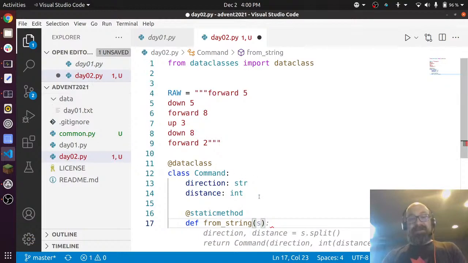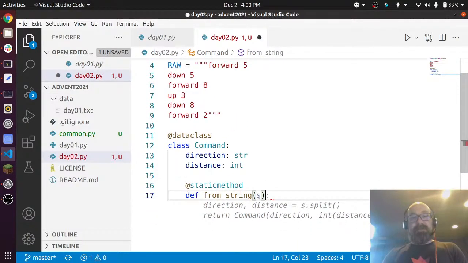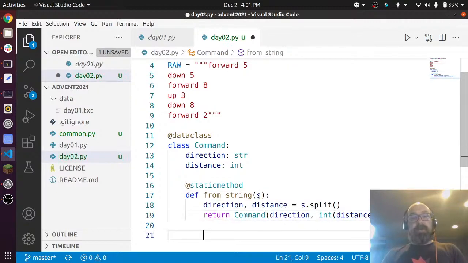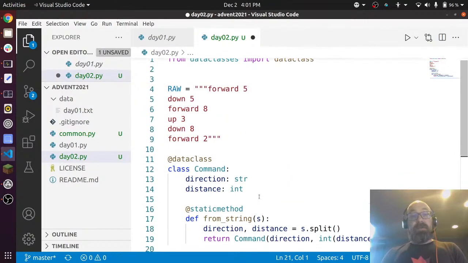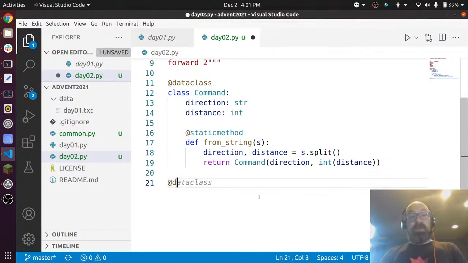Look at that: direction, distance equals s dot split, return Command direction, int distance. So the question is, is it cheating off of other people doing Advent of Code, or is this thing just that predictable? Data class.